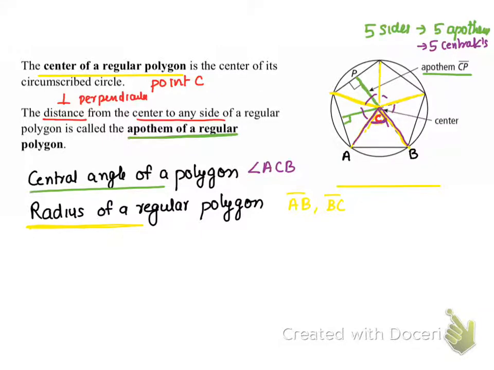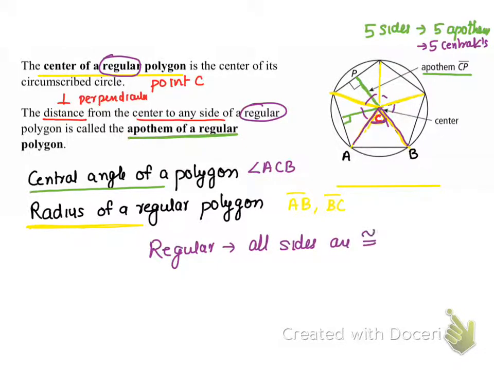So that's all we need to know. Only one other thing I would like to remind you of, because here they're using regular polygons. What does regular mean? Regular means that all sides are congruent, the same. If they're not congruent, then you cannot use the following formulas.